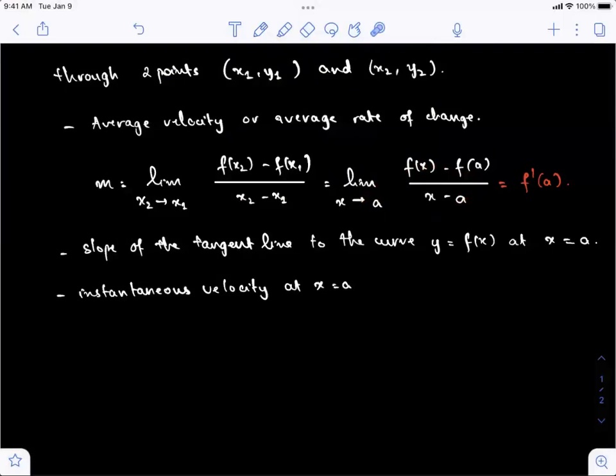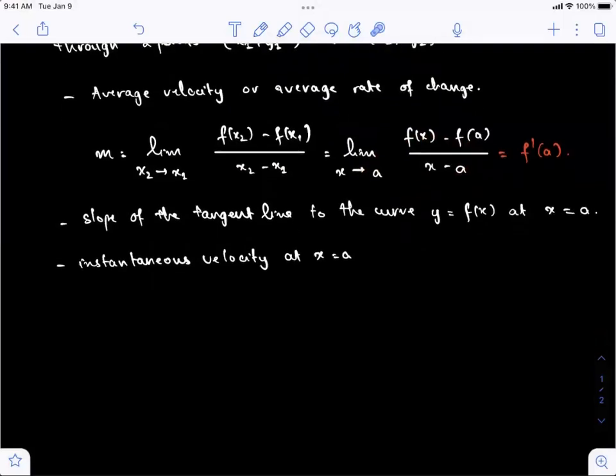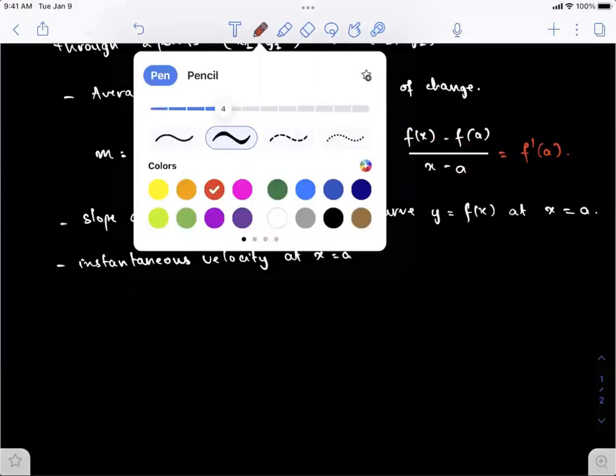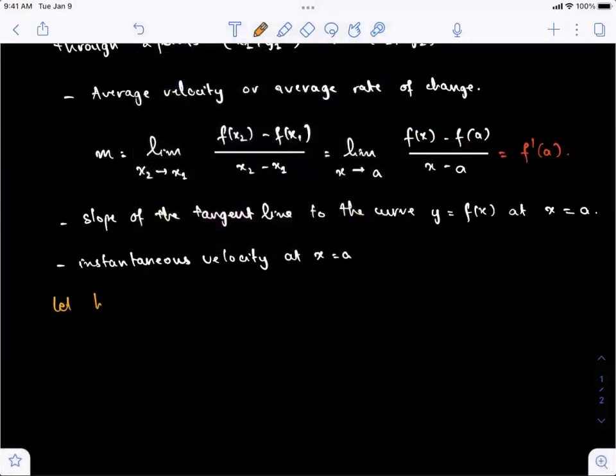Instead of writing the limit of f of x minus f of a over x minus a as x approaches a, we let h equal x minus a, the distance between the point x and the point a. Therefore, you can also write x as a plus h.